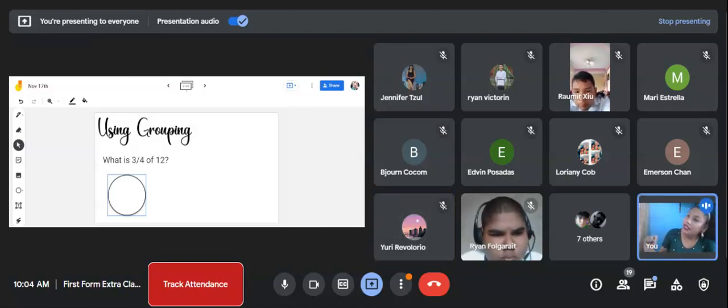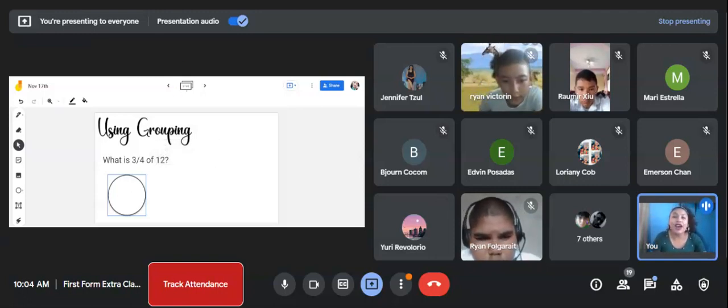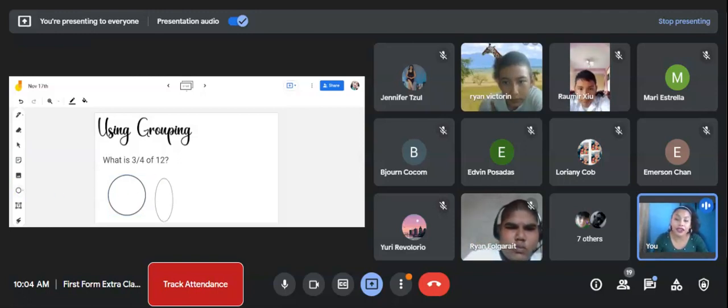If they give you a shape and they tell you color 3 out of 4, you know, okay, I have to cut the shape into 4 pieces and then I have to shade 3 of them, right? Isn't that what you do? So now when they tell you I need to use 3/4 of 12 in grouping, now I need to make 4 groups.